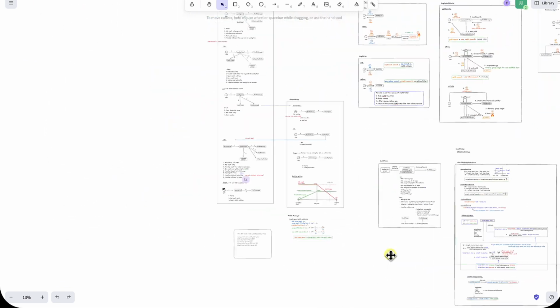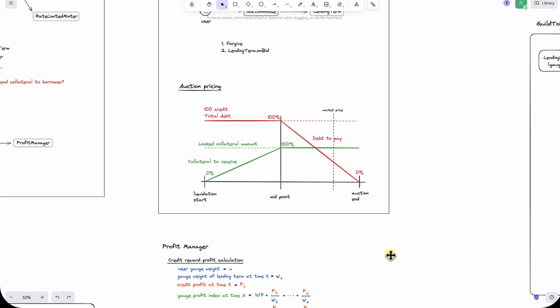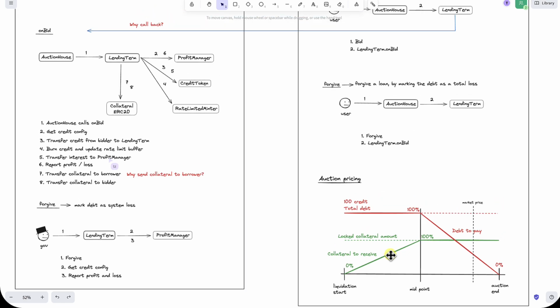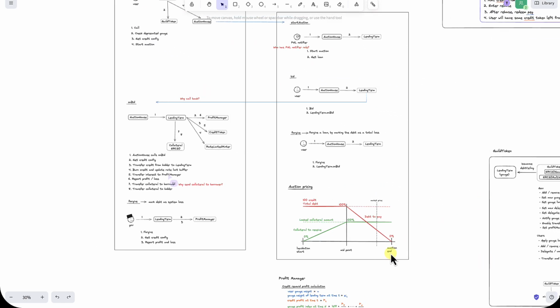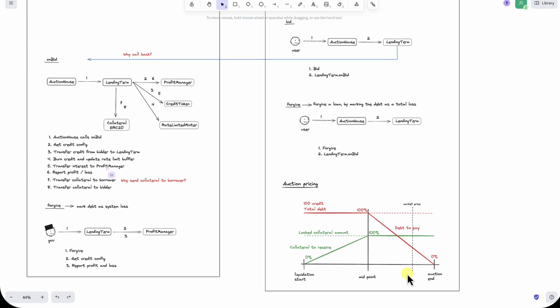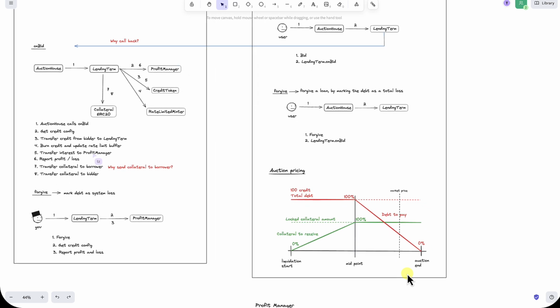Yeah, so because this credit multiplier, if you think about it, is a very complex state parameter, because it's a state parameter that is mutual to all the contracts. So there could be multiple lending terms where this credit multiplier will be updated.